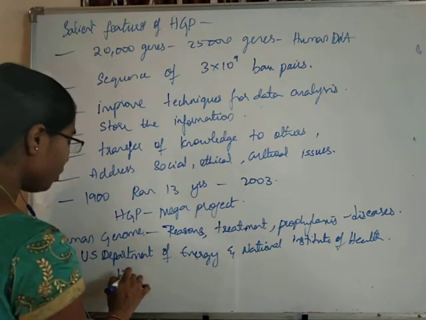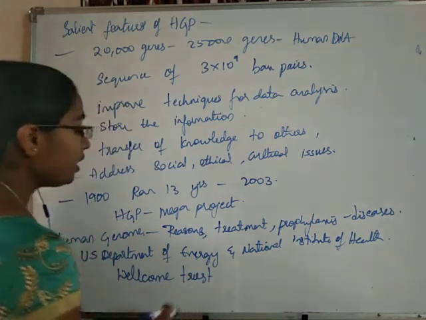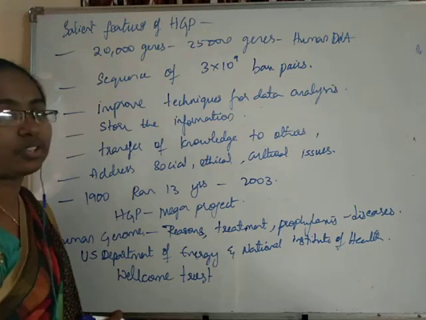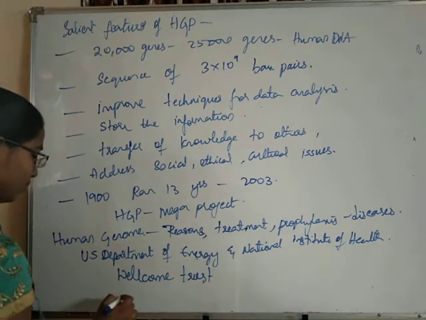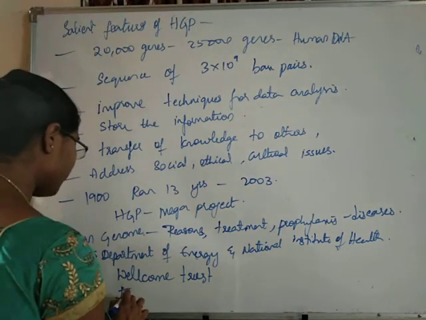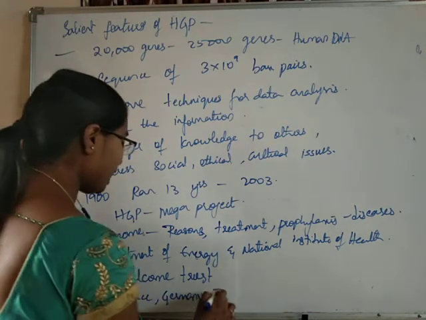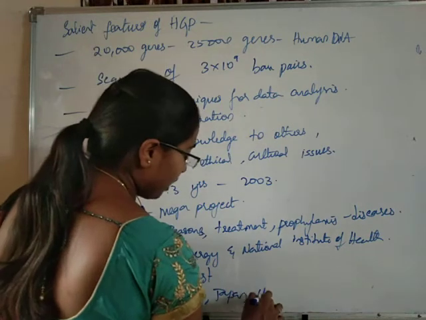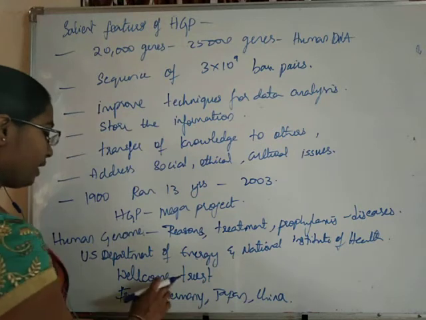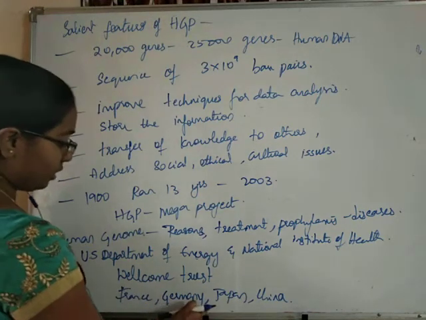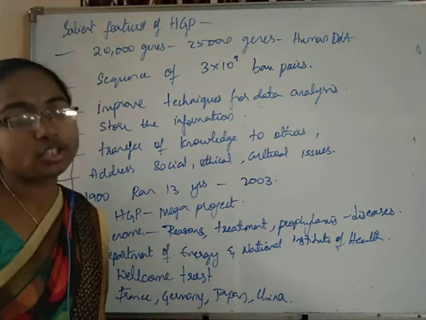In between, Wellcome Trust was also a very big partner in this project, which was very costly and took a lot of time. Other countries like France, Germany, Japan and China also participated in the Human Genome Project.